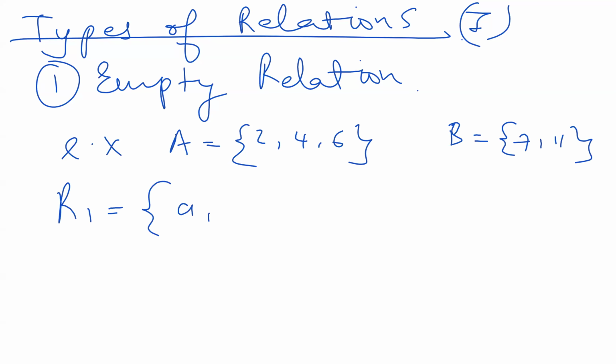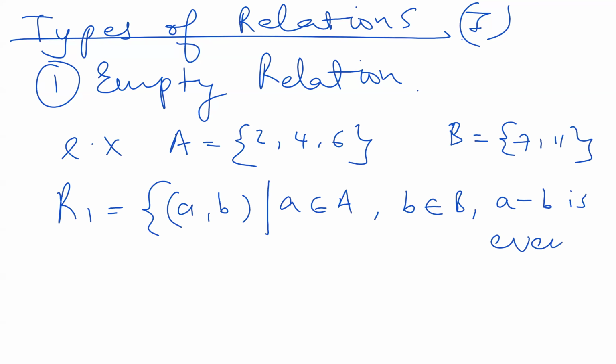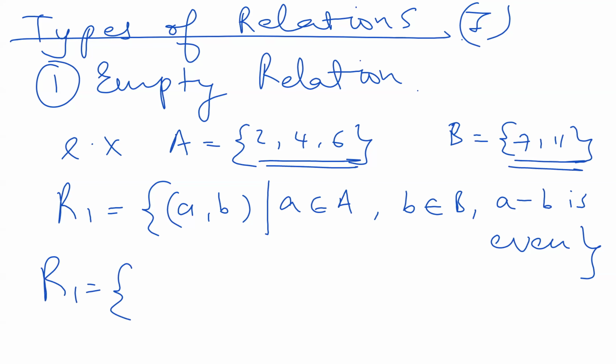R1 has ordered pairs (a, b) such that a belongs to A, b belongs to B, and a minus b is even. This was the descriptive form. We'll find out the roster form. a is coming from set A, b is coming from set B, a minus b is even.